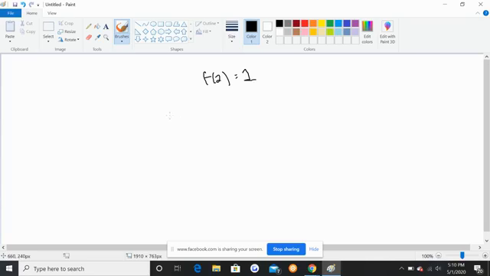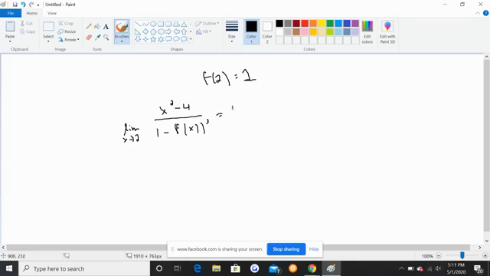So now we have the limit as x approaches 2 of (x squared minus 4) over (1 minus f of x to the third), and it equals 4, right?